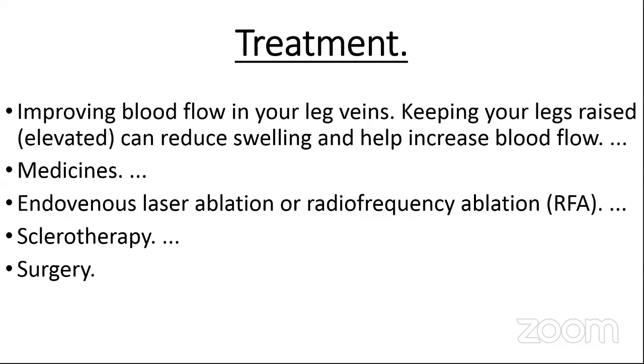There are some drugs which help in preventing reflux and venous stasis. Nowadays, you have endovenous laser ablation of the perforator veins so that there is no backflow from the deep to the superficial system.